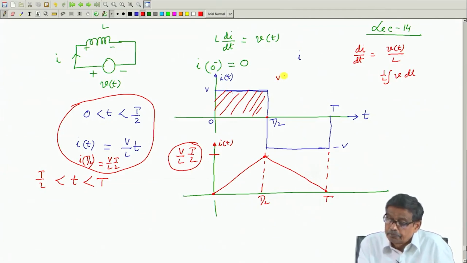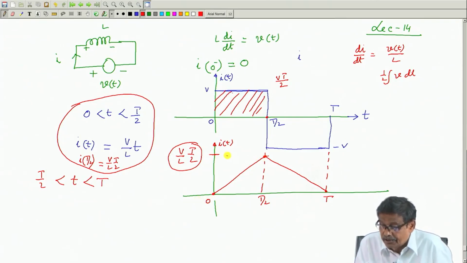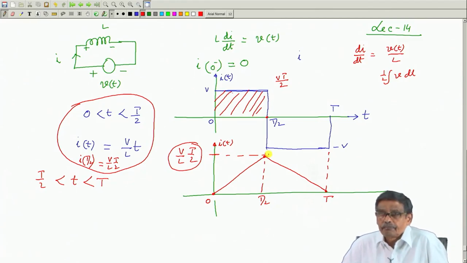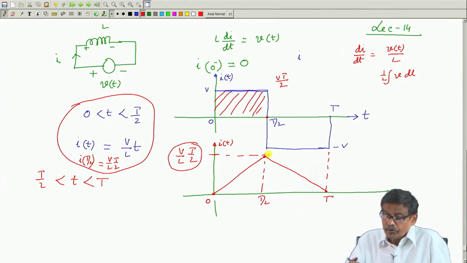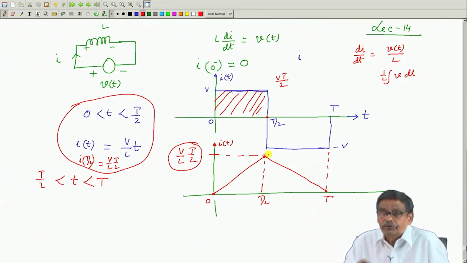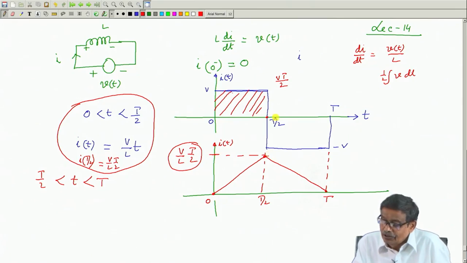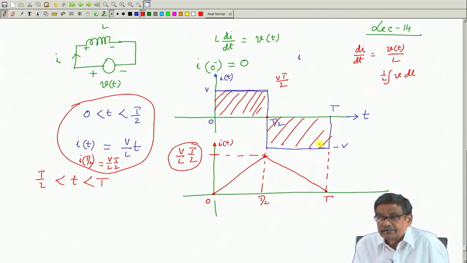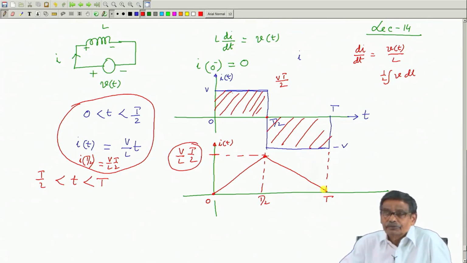So, volt second spent was V T by 2 to establish a current from 0 to V by L into T by 2, this level. Therefore, to make the current back to 0, you have to apply a negative volt second of the same amount. And you see, this is also T by 2, the volt second associated with this just matches, and therefore, the current value once again will become 0.